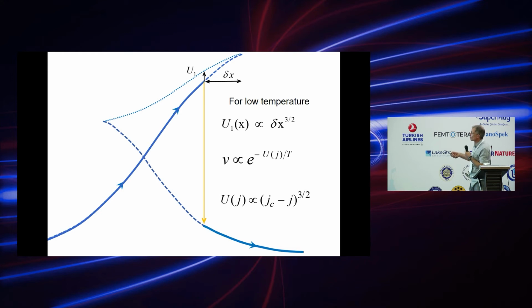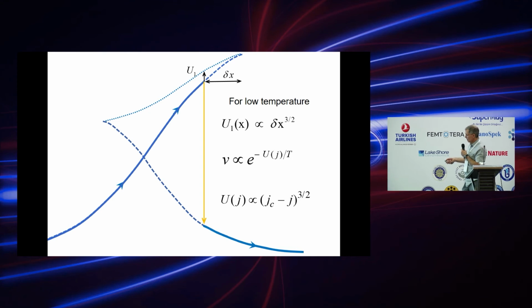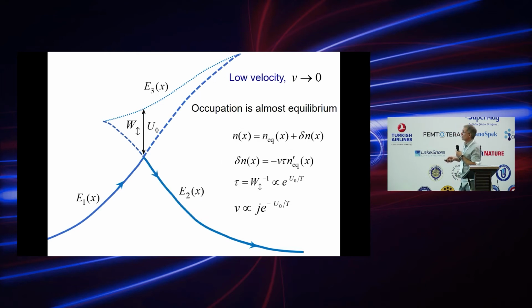Near the end point, we can do a Taylor expansion, and the barrier grows as the distance to the power 3/2. Well, that's the usual Landau type of expansion there. And so as a result, we get an effective barrier, which behaves as the difference from critical current to the power 3/2. Not 1 as in Anderson creep, but 3/2.